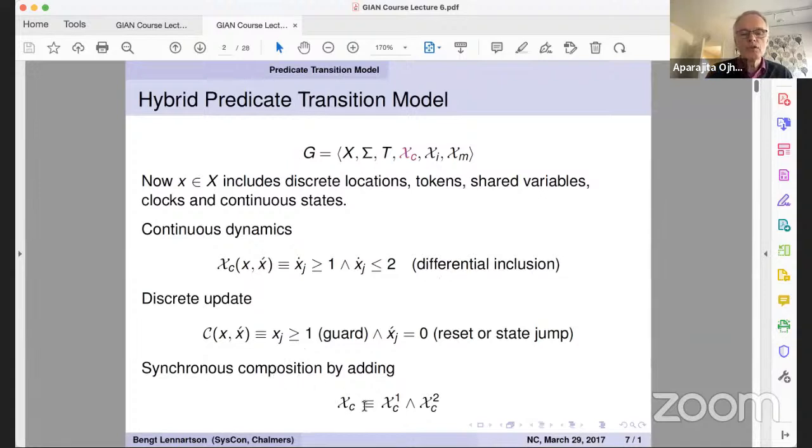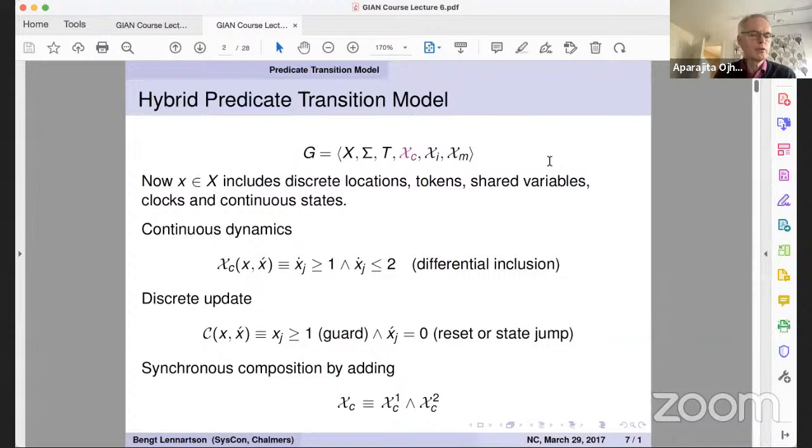And even the synchronous composition comes very easily, because what you only need to add here, when you combine two systems, is the conjunction of the differential equations or differential inclusions in the two models. So this is a very, very general, but still quite useful model, and I call it a hybrid predicate transition model.